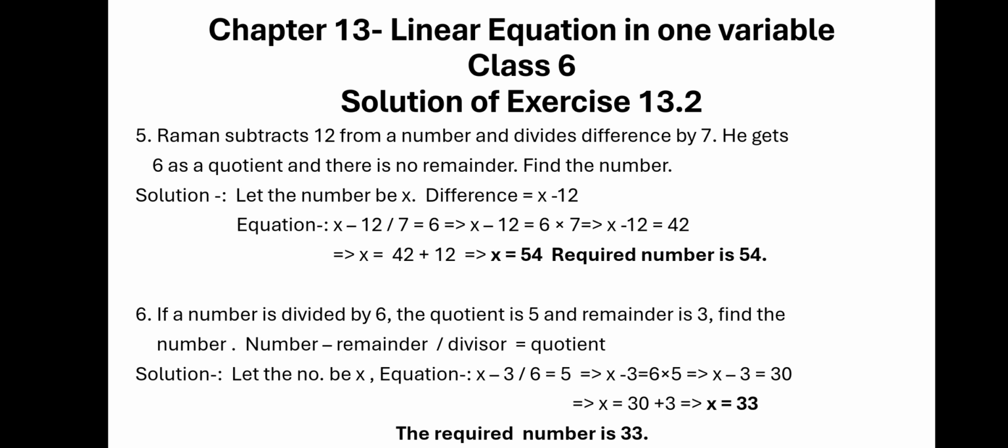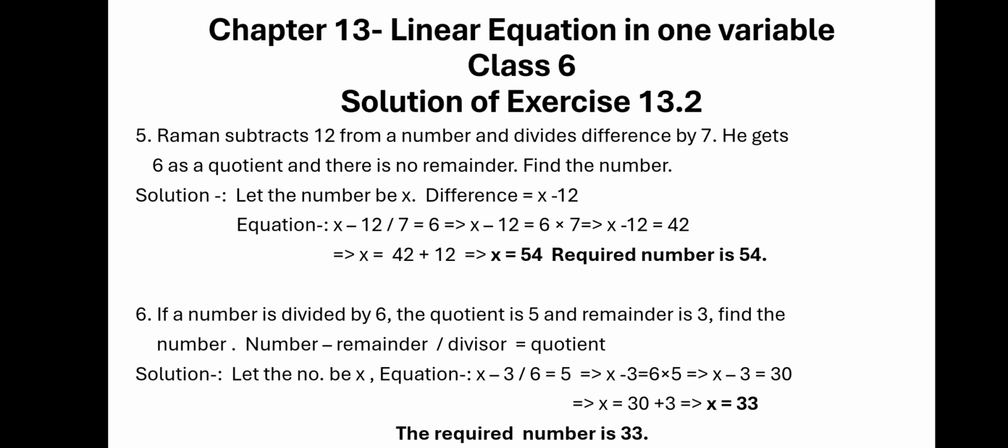So (x minus 12) upon 7 equal to 6. So x minus 12 equal to 6 into 7, that is x minus 12 equal to 42, and that implies x is equal to 42 plus 12, which implies x is equal to 54. So required number is 54.